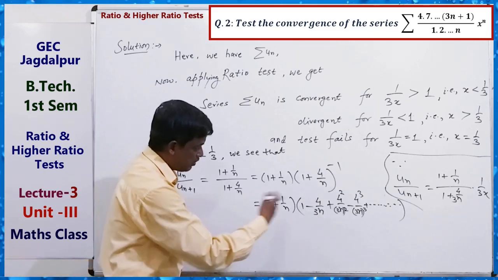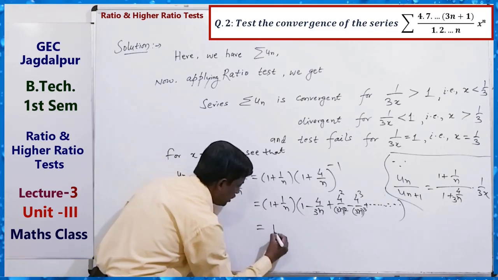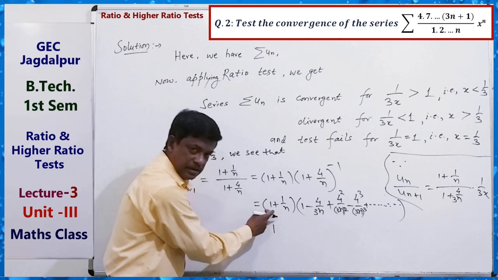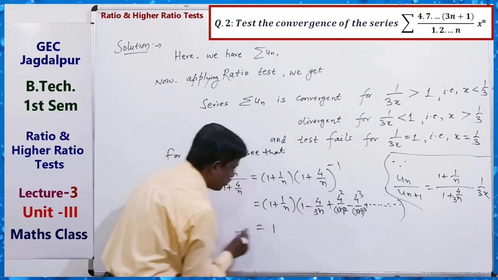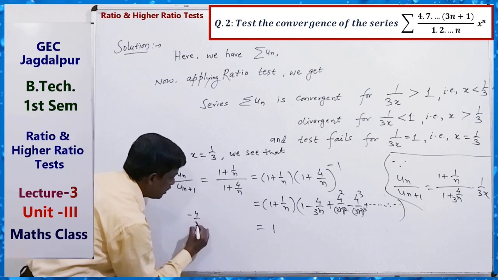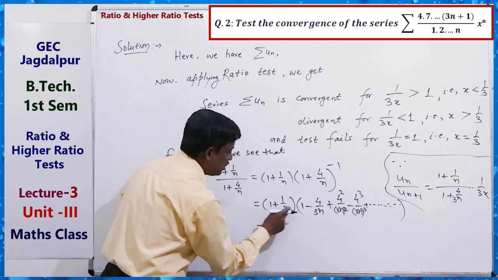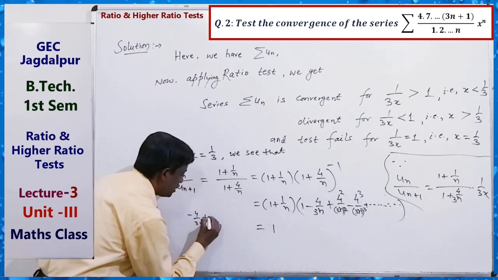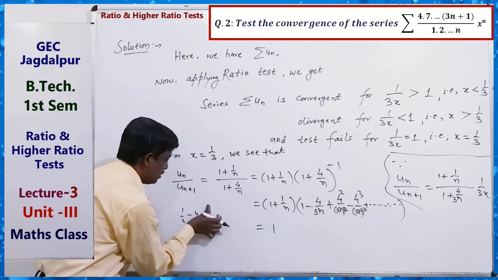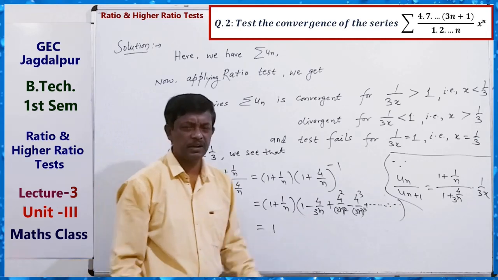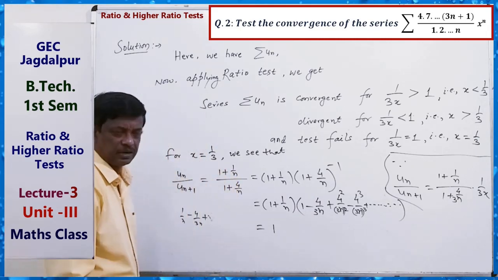So just multiply: 1 into this, minus 4 by n, and 1 by n into this, plus 1 by n. You just have to multiply and write two or three terms only.